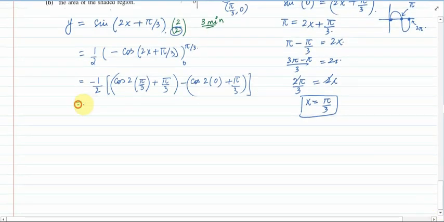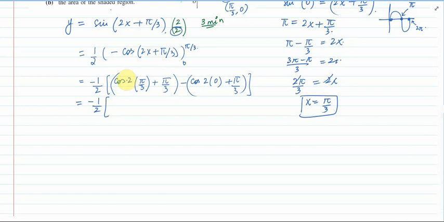So minus 1 upon 2 cos 2 pi over 3. Now pi over 3 is what? Pi over 3 is 60, right? From your calculator you can find cos of 2 pi over 3, and that will be minus 0.5. Minus 0.5 is minus 1 upon 2, minus cos 0, which is 1, minus plus minus pi over 3.